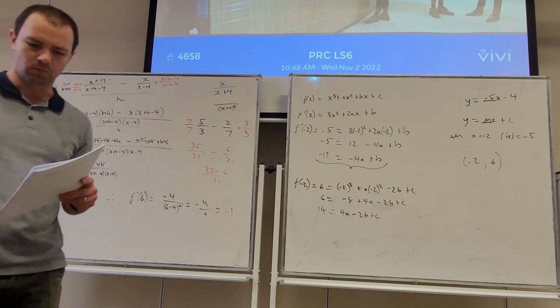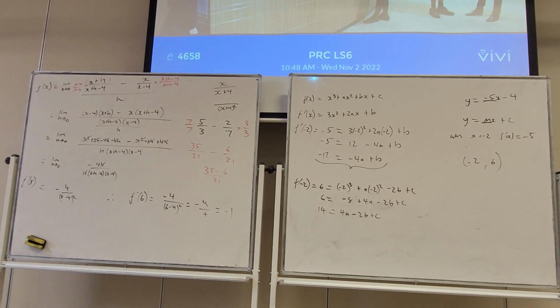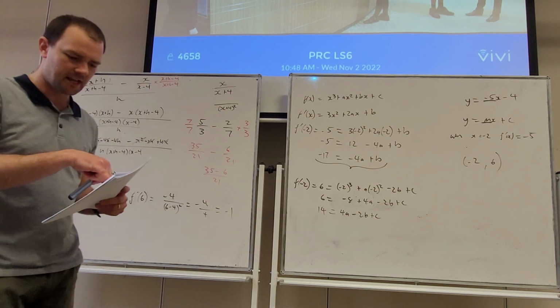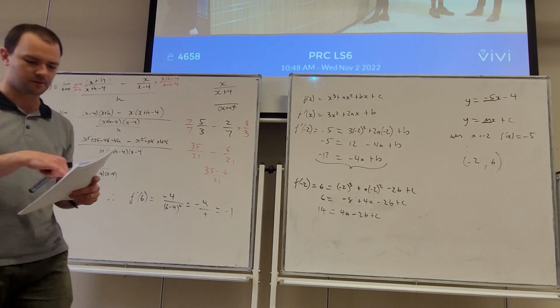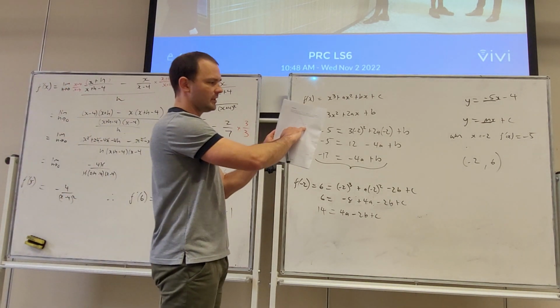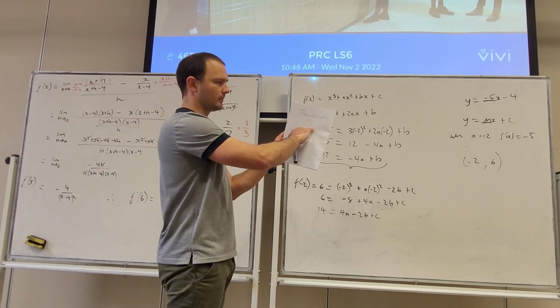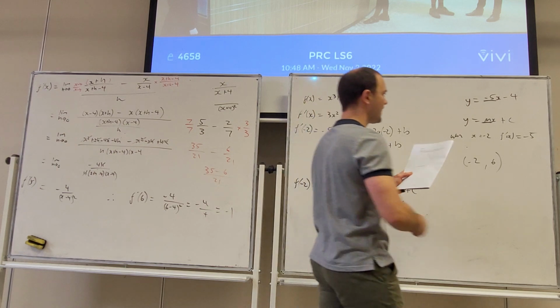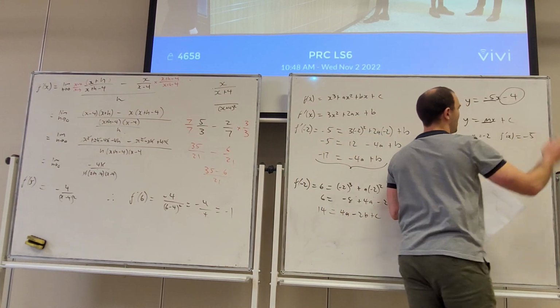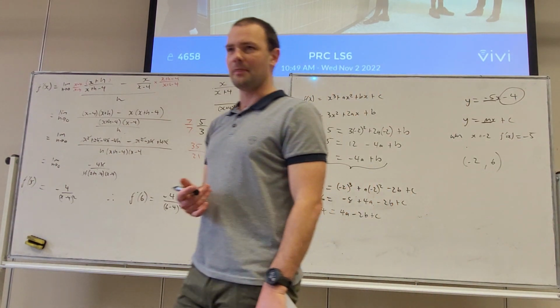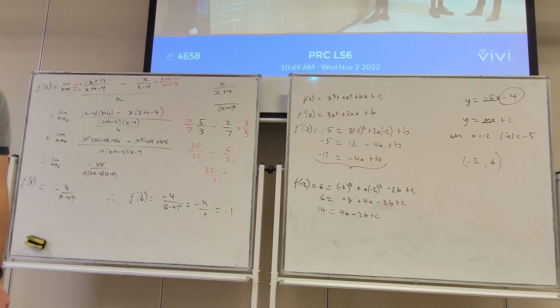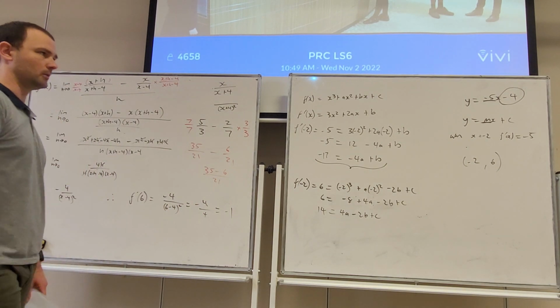the equation of the tangent is 5x take 4. And the tangent intersects the graph at its y-intercept. So look at this point here. That's fascinating because our tangent here has a y-intercept of minus 4, and the function also has a y-intercept of minus 4.